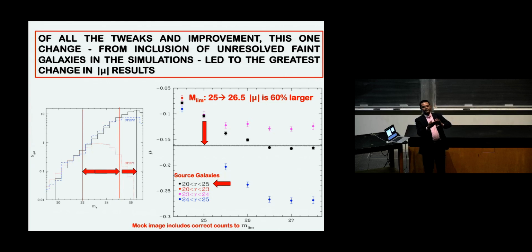Then, if you have something that is marginally resolved, it will look like it's blending with the source galaxy, and that too changes the shape. So you're completely missing out on the actual shape of the galaxy that you're interested in, and that introduces a huge error. Once you mess up the shape measurement, the shape measurement errors transfer over to the shear measurements, and the shear measurements into the gravitational potential measurements, and so on and so forth. So it ripples all the way down the pipeline.